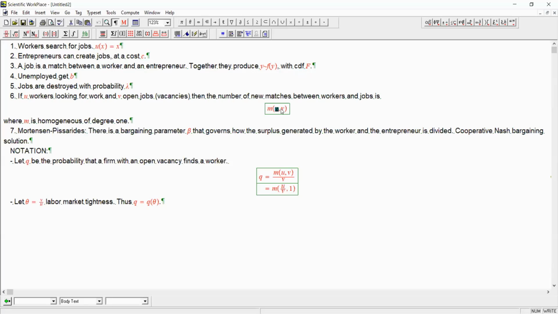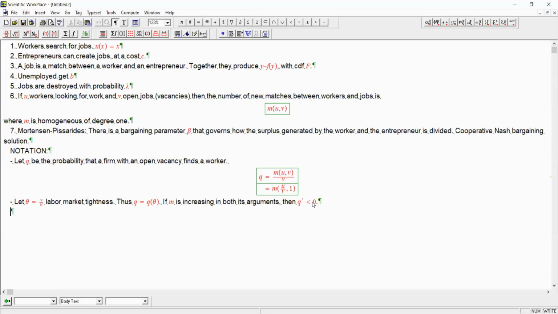If there are more workers or more vacancies, there should be more jobs created. Then we should have that this Q is increasing in U over V, which means that Q is decreasing in theta, since theta is the reciprocal of U over V. So in other words, we have that Q prime is strictly negative. That'll be useful later.